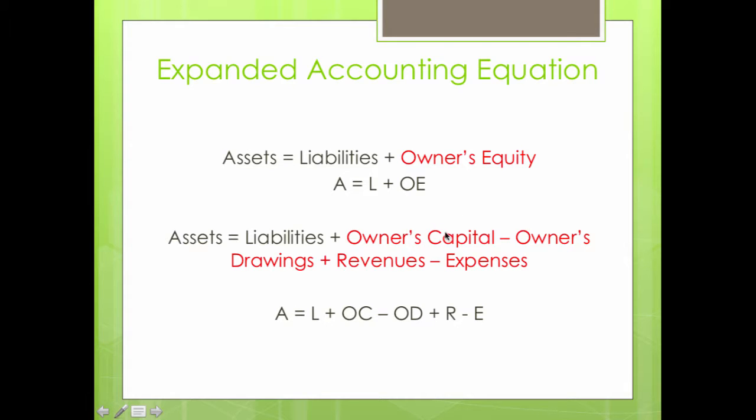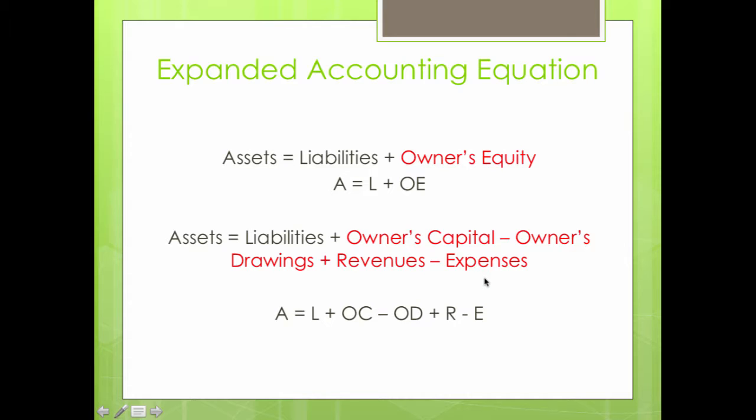This includes the amount invested by the owner, known as owner's capital; the payment levels to the business owner as income or money withdrawn from the business for personal use, known as owner's drawings; the level of sales, known as revenues; and the amount of expenses to run the operations of the business, known as expenses.